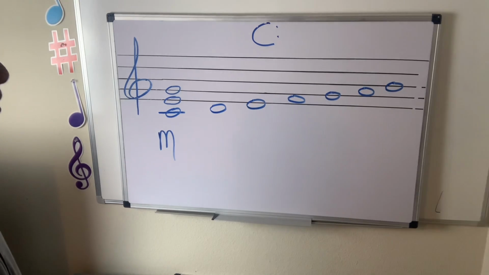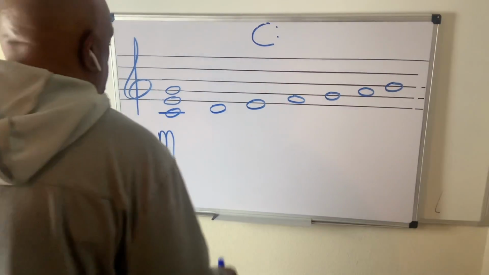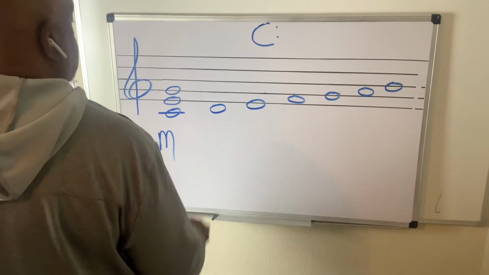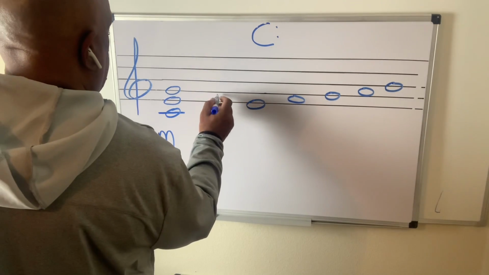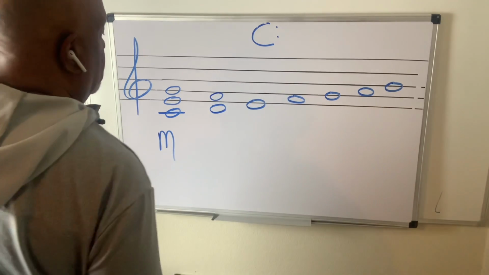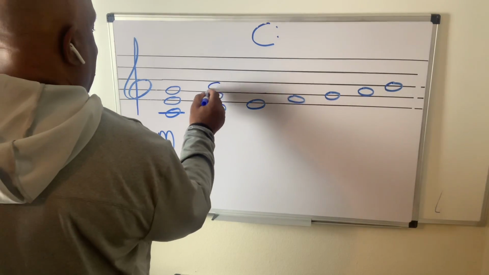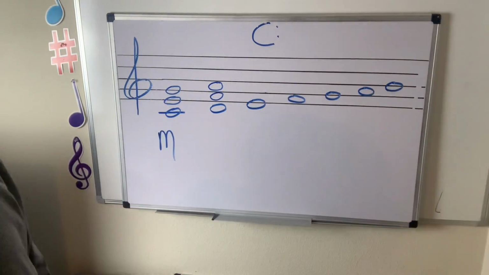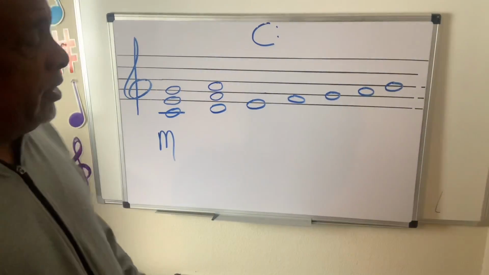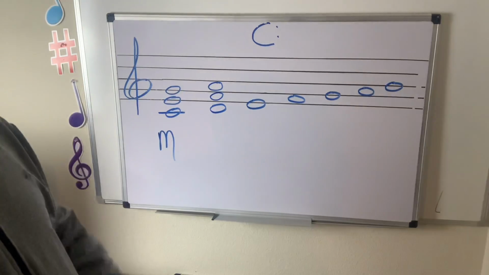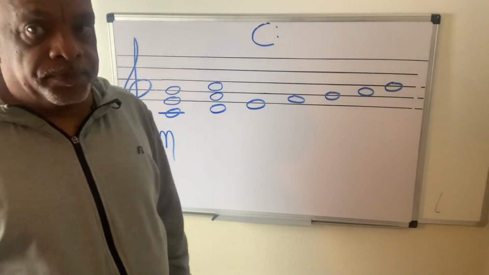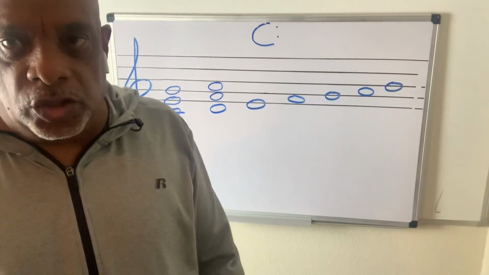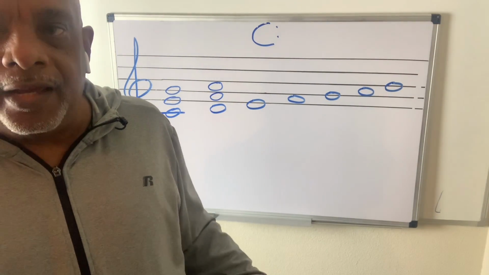Let's go to the second scale degree, and the second scale degree is D. So a third up from D is what? F. And a third up from F is what? A. Now, in order to determine this, we have to go to our D major scale. If you know your D major scale, it has two sharps: C sharp and F sharp.